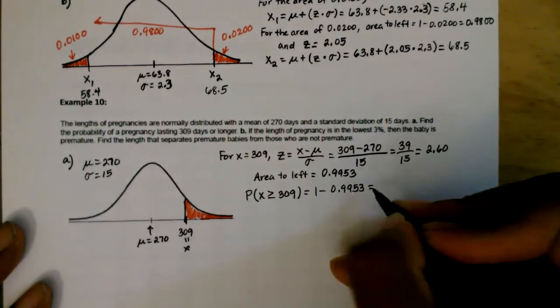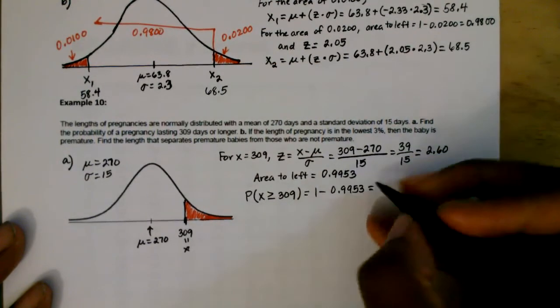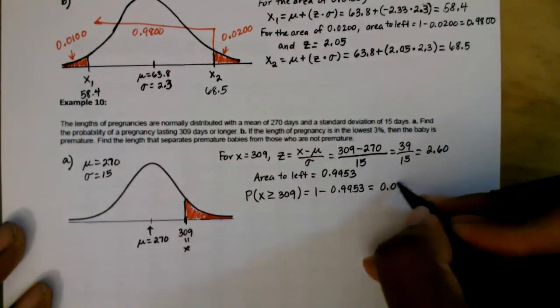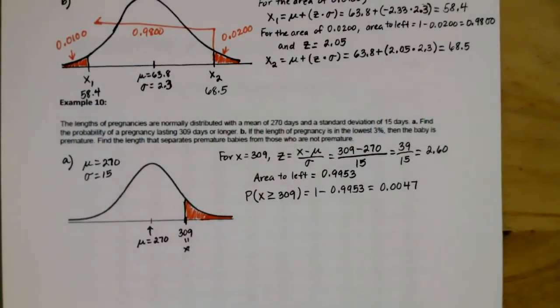Keep in mind the area underneath the normal curve is 1, so 0.9953 from 1 would be 0.0047. So that means the probability that a pregnancy lasting 309 days or longer would be 0.0047. That's a very small probability for that to happen.